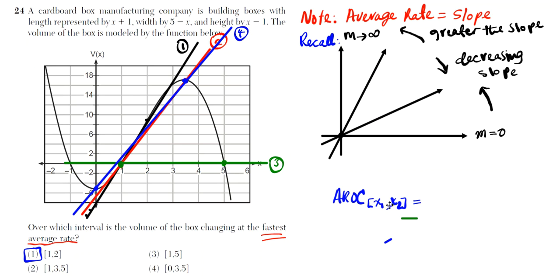You can just compute y2 minus y1 over x2 minus x1. If you don't like using the graphical approach, you can use the numerical approach to find the slope of these secant lines over their intervals, and you will clearly see that the biggest answer will be option 1 because it is the steepest one.